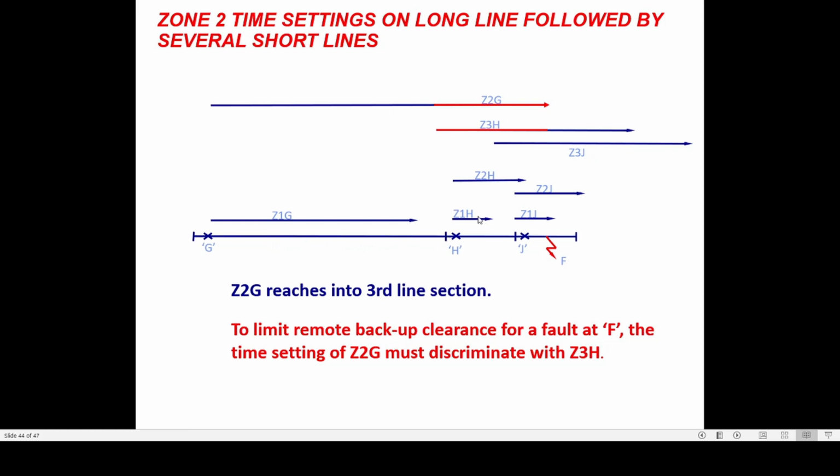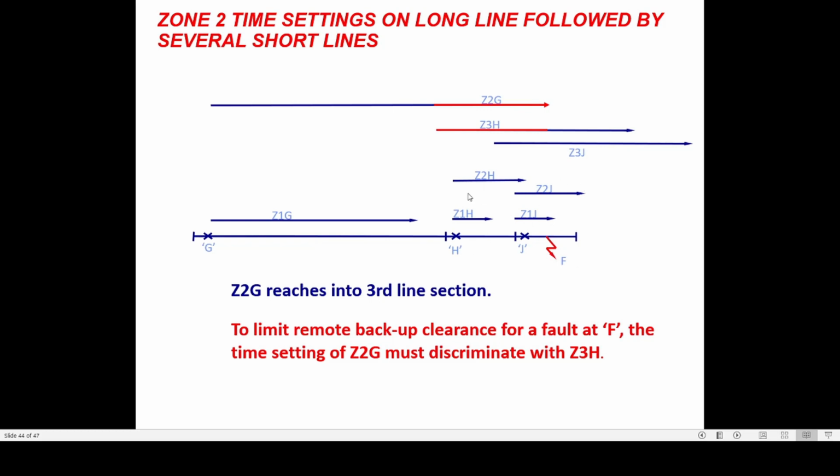Suppose this line is 300 kilometers, that means 120% of 300 will be 360 kilometers, and suppose line HJ is only 20 or 30 kilometers. That means this 360 kilometers from substation G goes not only up to this point, but might reach some points further away, beyond the second adjacent bus.